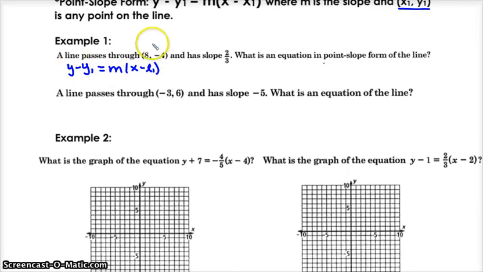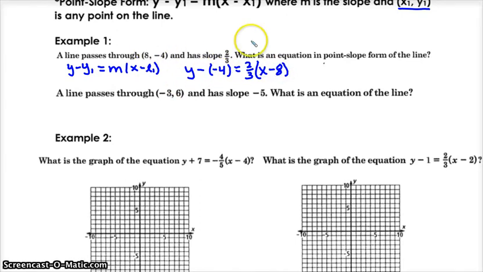So let's go ahead and plug in the information that I'm given. I've got y minus the y-coordinate, which is -4, equals the slope, which is 2/3, times x minus the x-coordinate of my point, and that's 8.